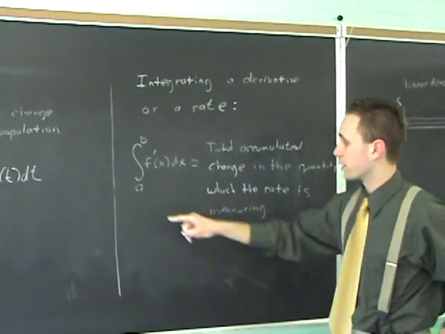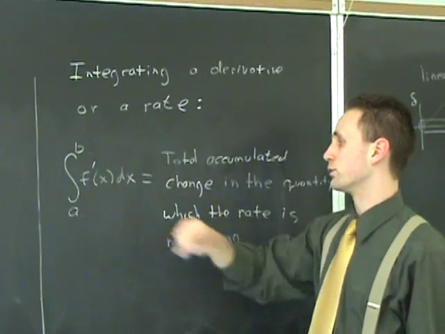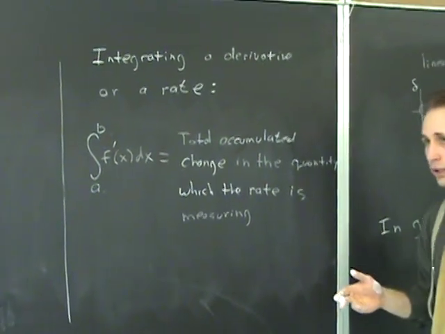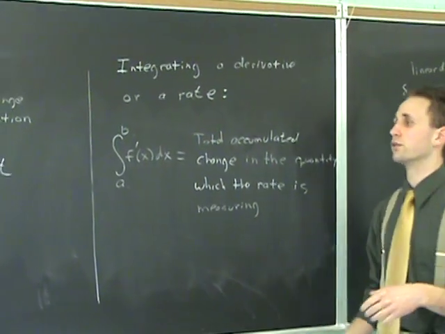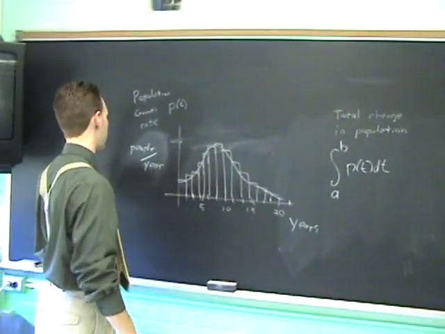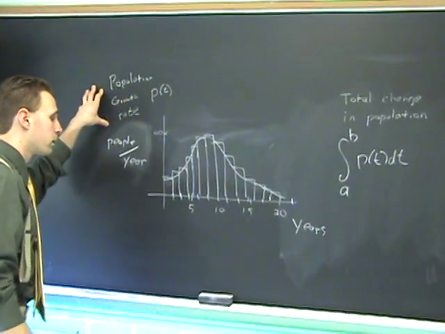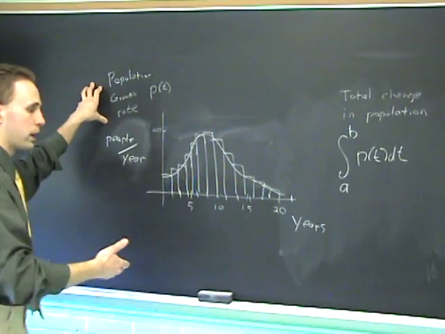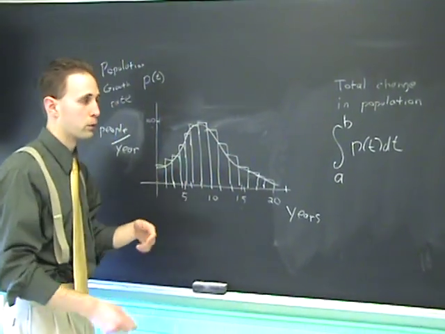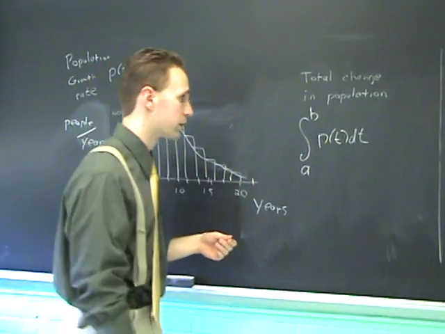If you integrate the derivative of something, what you wind up with is the total accumulated change in the quantity that the thing is measuring. So for example, if you integrate a rate of change of population, what you're going to get is total population change. If you integrate an acceleration, you'll get total change in velocity.